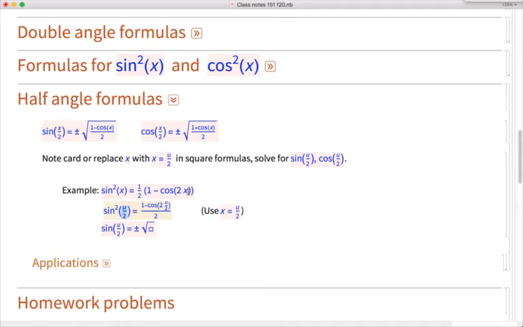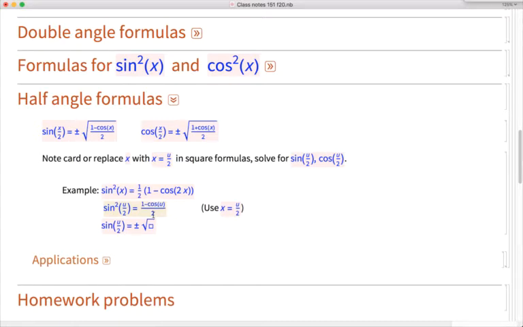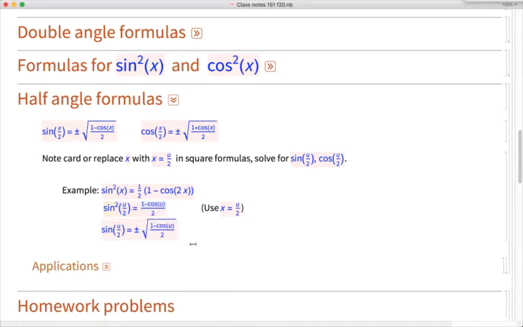When I replace the x with u over 2, this becomes just u. And then I'm going to take the square roots of both sides. And when I do that, I have to use plus and minus. I think this is the way the book actually lists this identity with a u here. But after doing the derivation, I prefer to go back to the letter x and have all the identities written with x's.